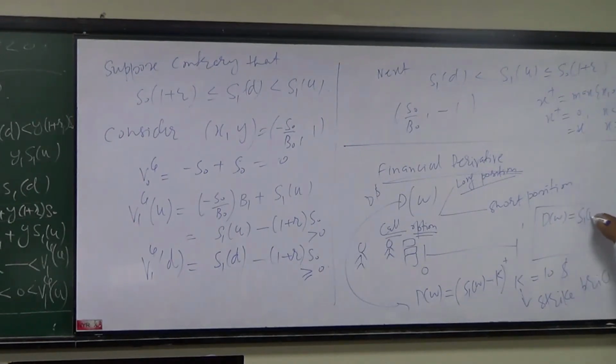It's going to be the difference, S1 of omega minus K, which is bigger than 0. And if S1 of omega is less than K, it's going to be worth nothing.